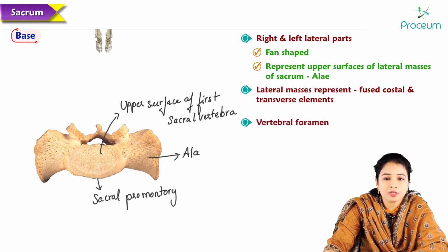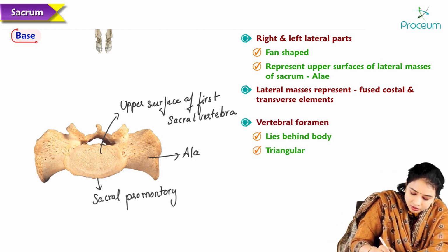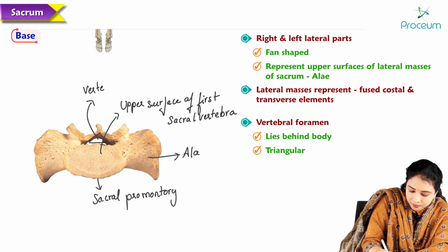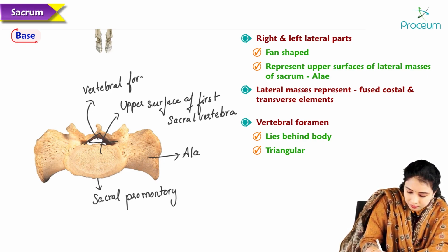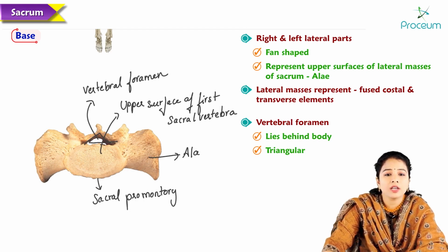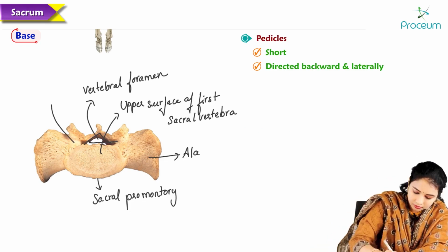Next, regarding the vertebral foramen, which lies behind the body of the sacrum, it is triangular. If you see, this opening is triangular, which is the vertebral foramen. It is triangular in cross section, and the pedicles are short and directed backwards and laterally.